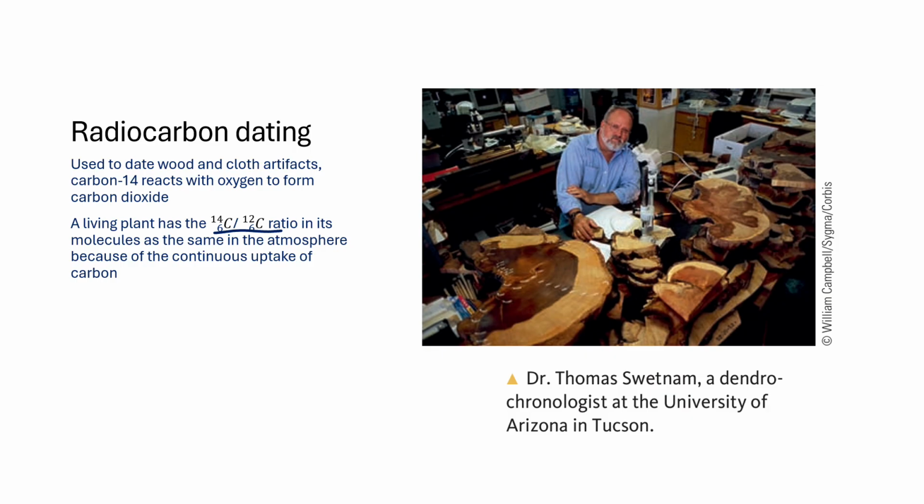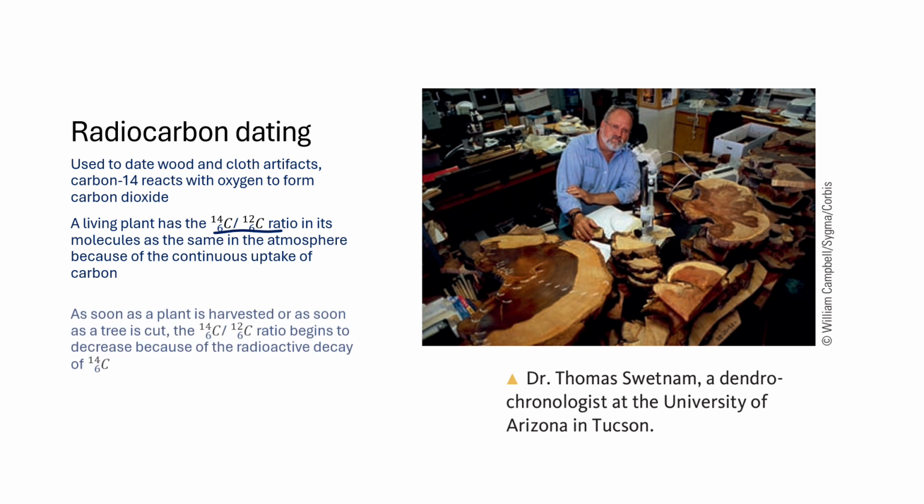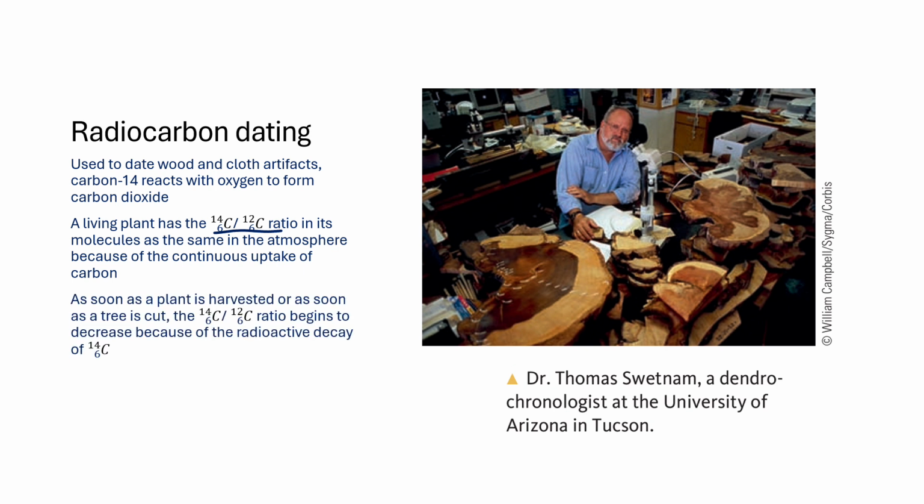However, if you harvest flaxseed, or cut the tree, the ratio between carbon 14 and carbon 12 decreases because of the radioactive decay of carbon 14. Because of this decay and the ratio of carbon 14 to carbon 12, we are able to get a picture of just how old something is.